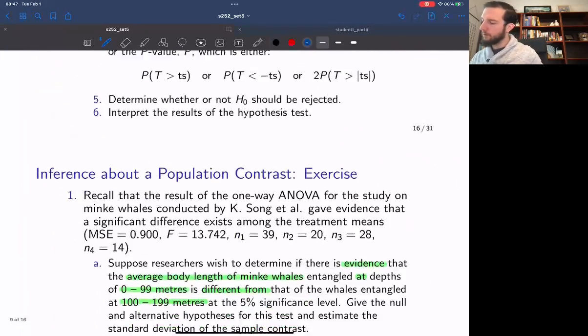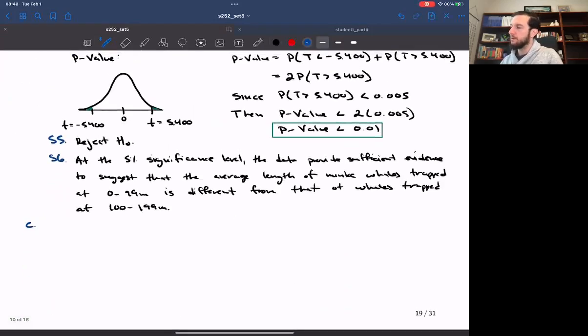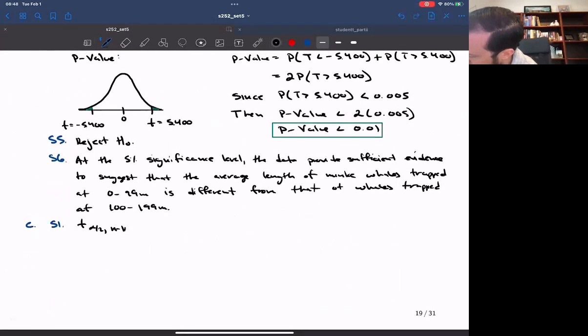All right, so in part C, it says, will a 95% confidence interval have negative bounds, positive bounds, or one negative, one positive? Explain. Okay, so for this question, one way you could do this is just build the confidence interval, but the confidence interval is going to be built in the same 3 steps that any other interval is going to be constructed in, right? So for example, if we built the interval, we would have t alpha over 2, n minus k.